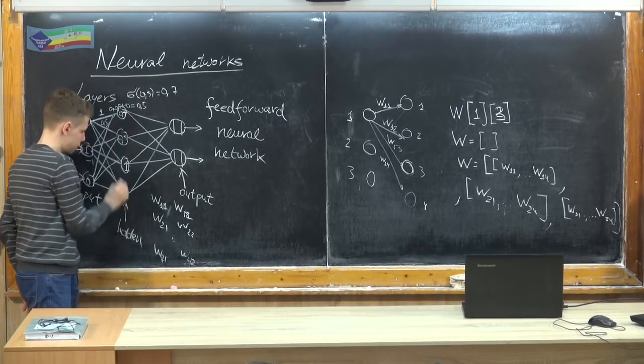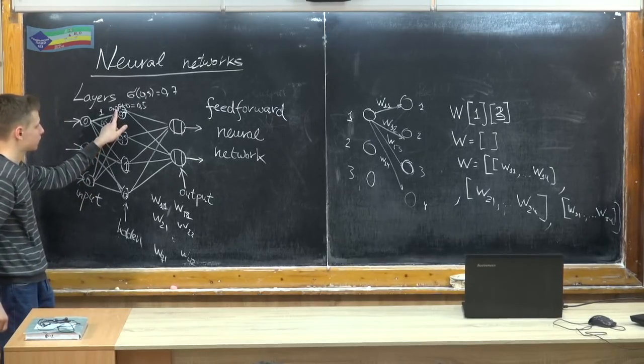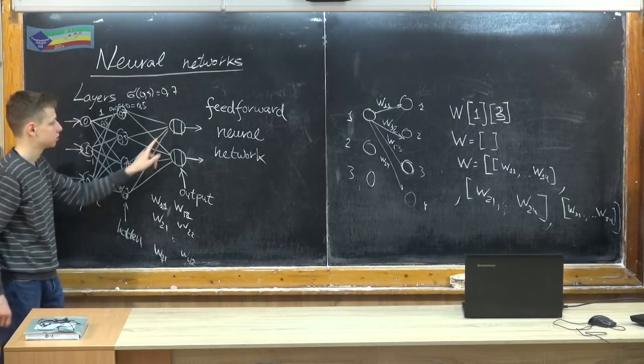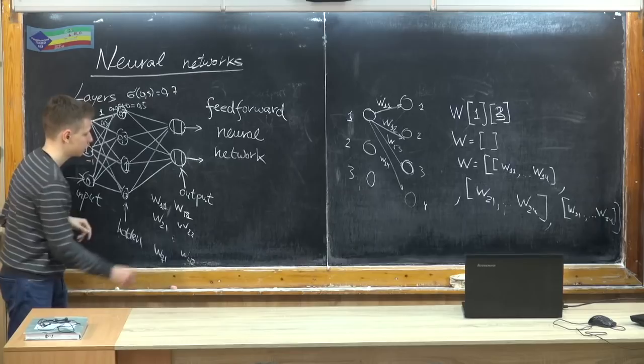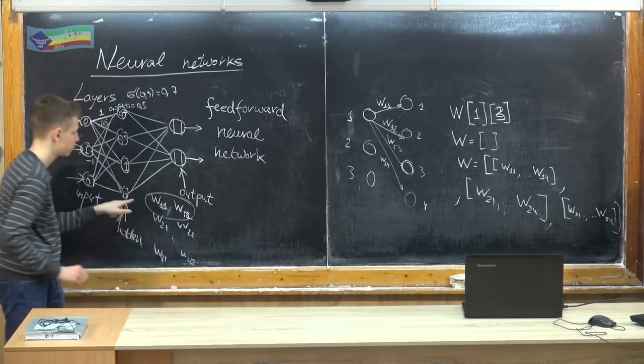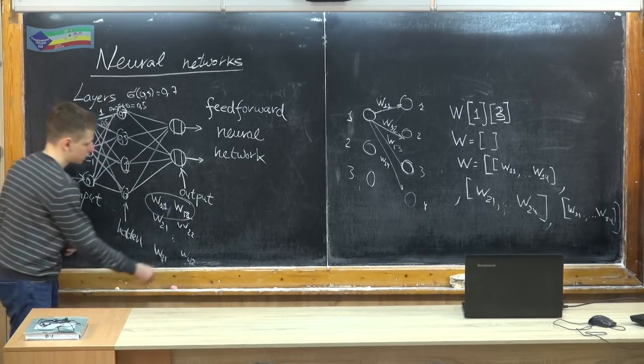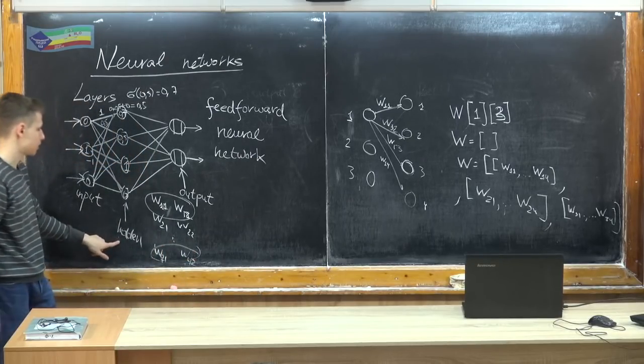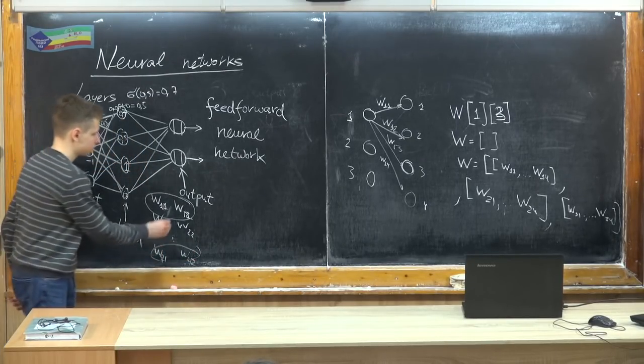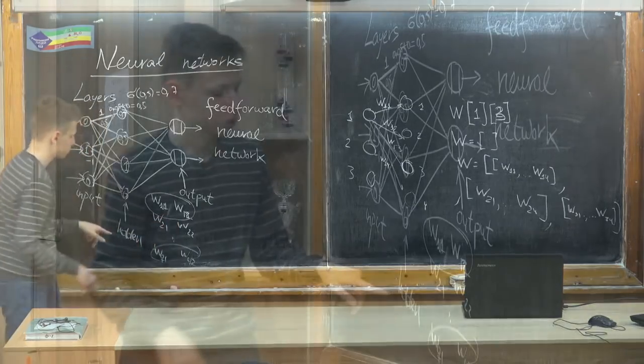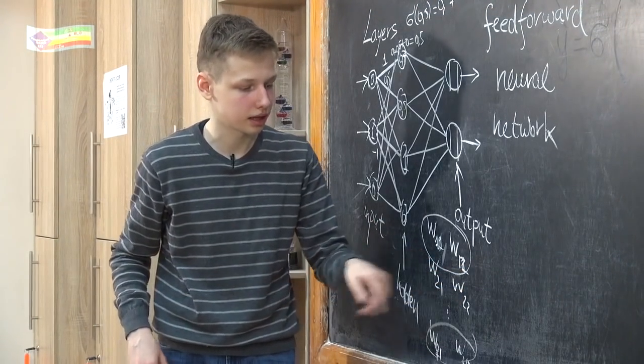Each hidden neuron has two connections to the output neurons. Here we have all connections which are coming from the first hidden neuron, and this is the connection which comes from the first hidden neuron into the second output neuron.